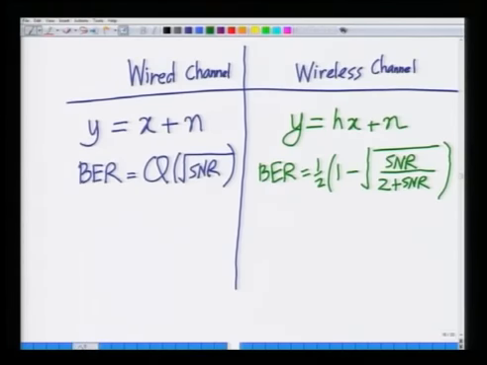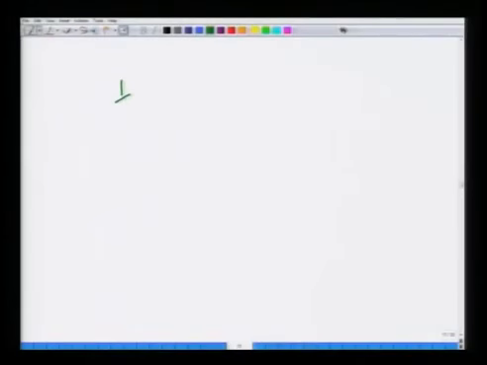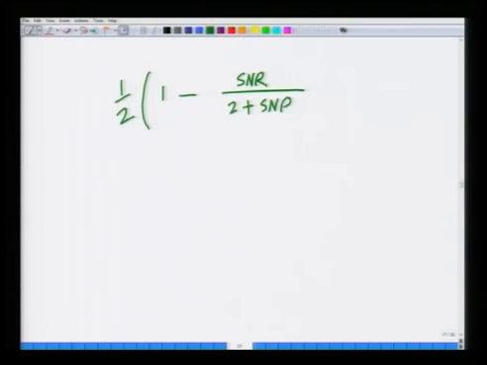Now, let me simplify this bit error rate expression a little further, to give you a more intuitive feel for how the bit error rate of this wireless communication system behaves. This bit error rate is half times 1 minus the square root of SNR over 2 plus SNR.